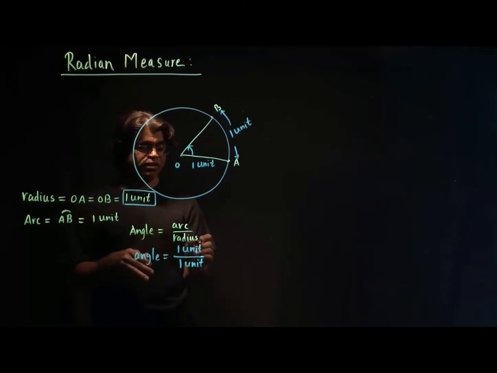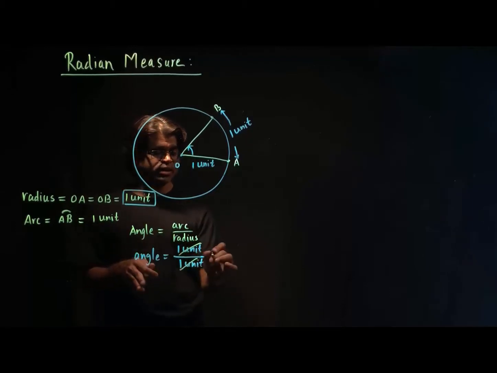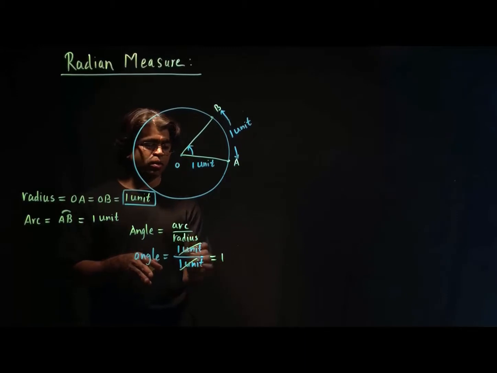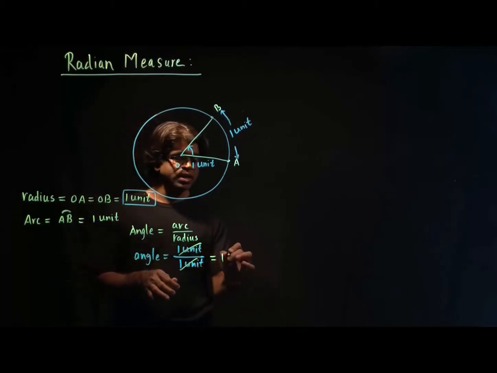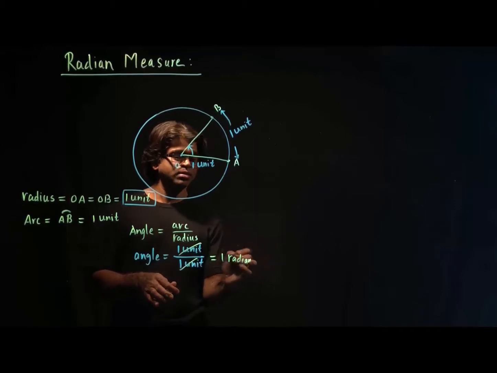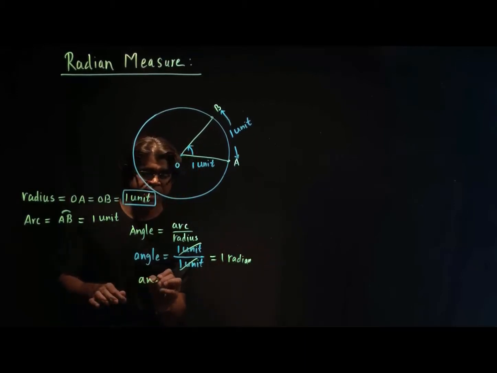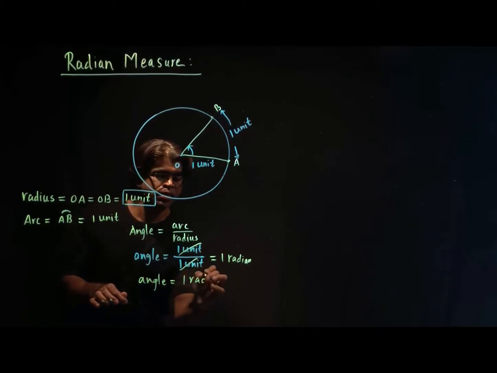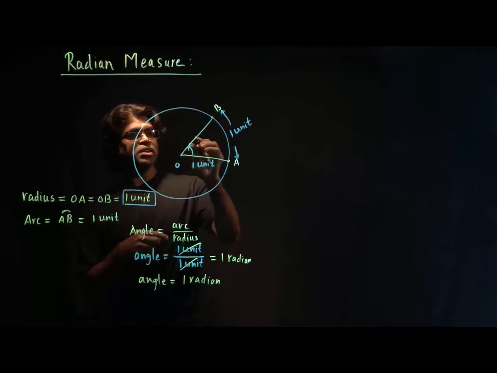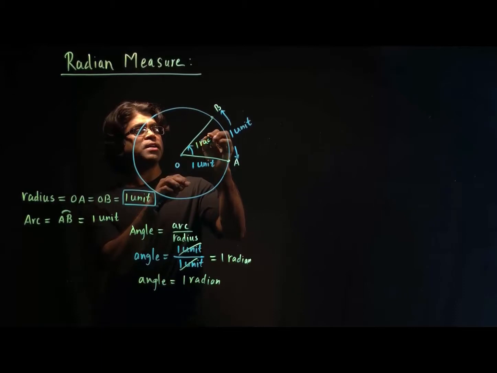If I simplify further, as you can see, this will cancel out, and what I have is 1, because 1 over 1 is 1. So that 1 is basically a radian. What is my angle? My angle is 1 radian. So this angle, the one that we were talking about, is basically 1 radian.